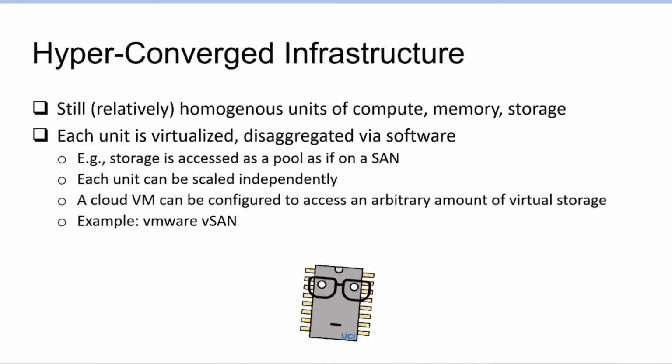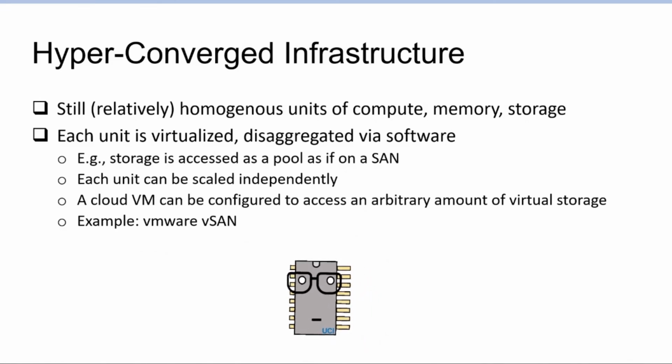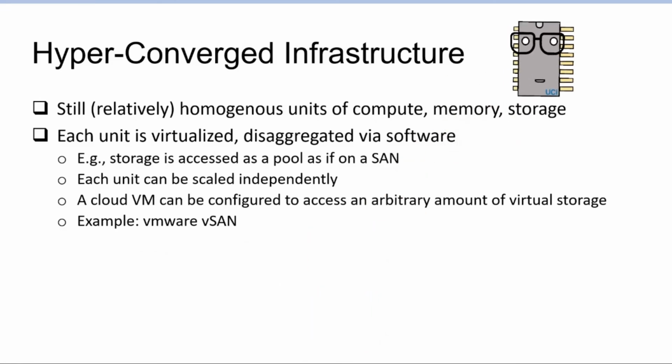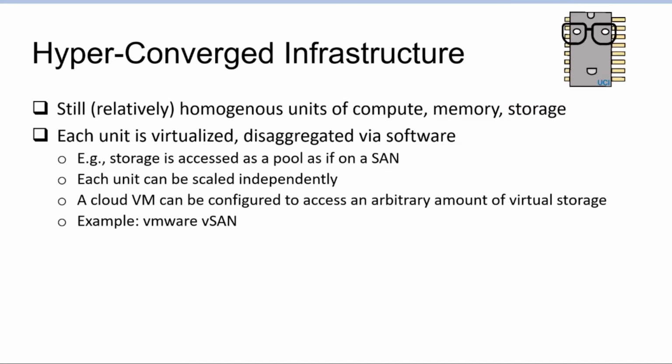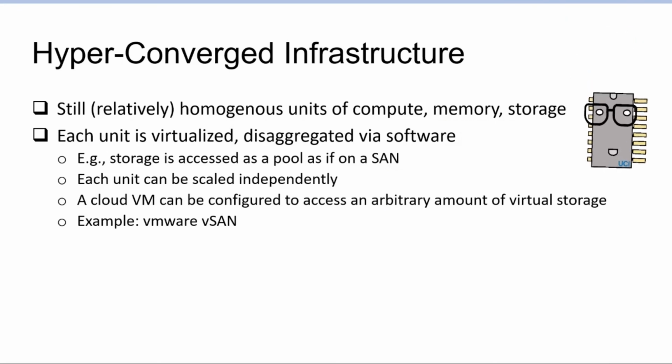And yes, if you go further down that dimension, there's the issue of hyper-converged infrastructure. In the hyper-converged world, it is still relatively homogeneous units of compute, memory, and storage. It's the same PC-class machine stamped over and over, thousands and millions of times.